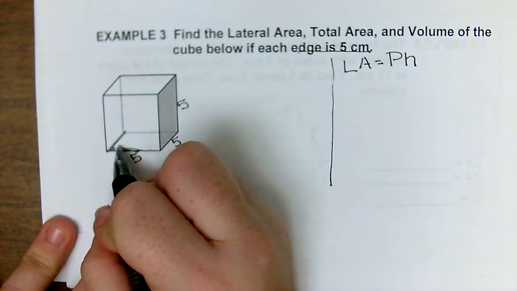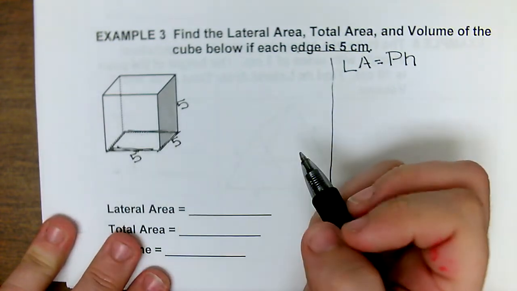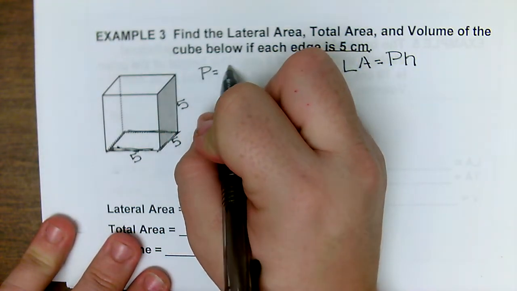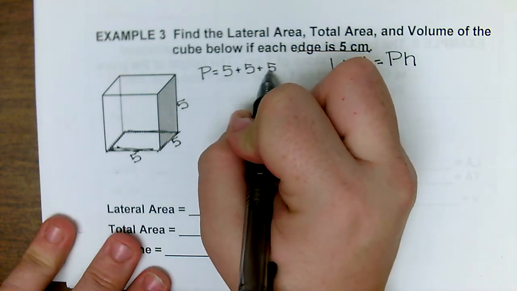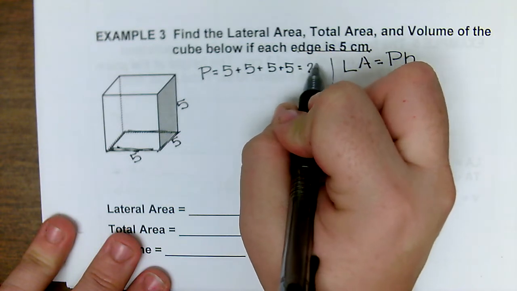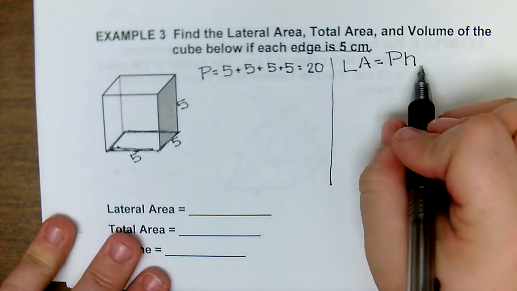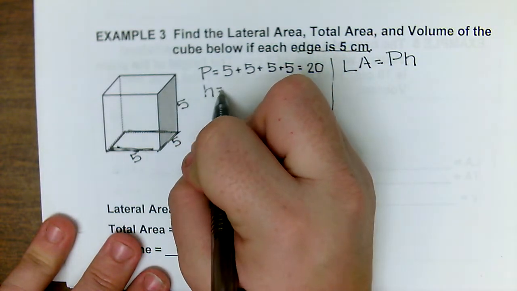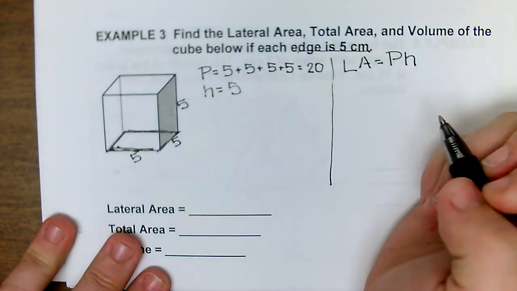On a cube it doesn't matter, they're all the same, but I'm looking at this bottom figure. So I'm going to do 5 plus 5 plus 5 plus 5, which equals 20. For lateral area, I also need my height of my prism, which is just 5.